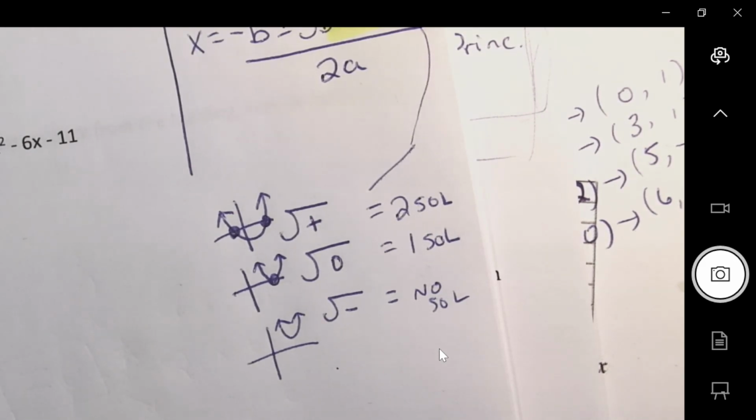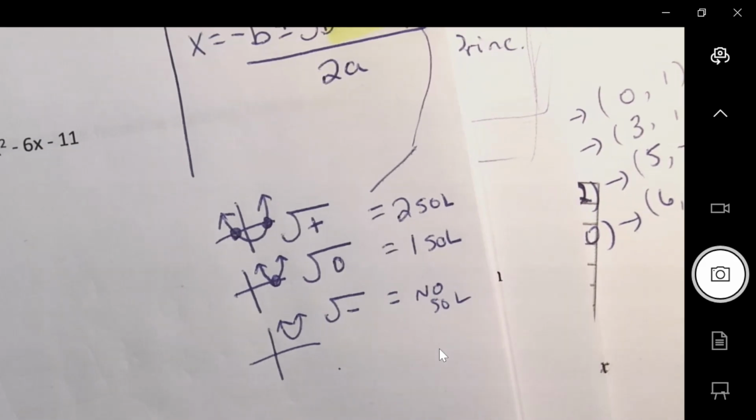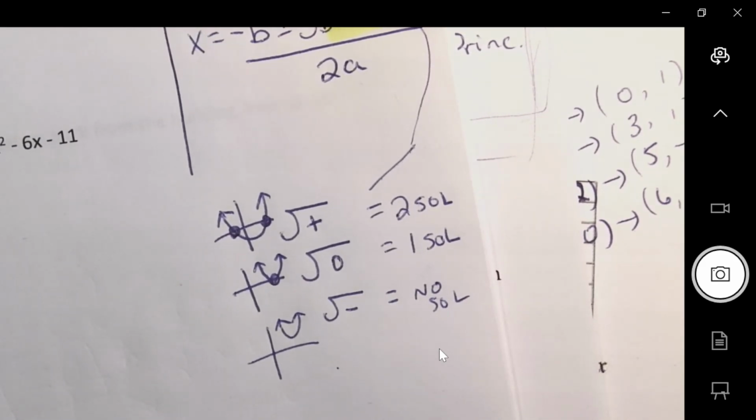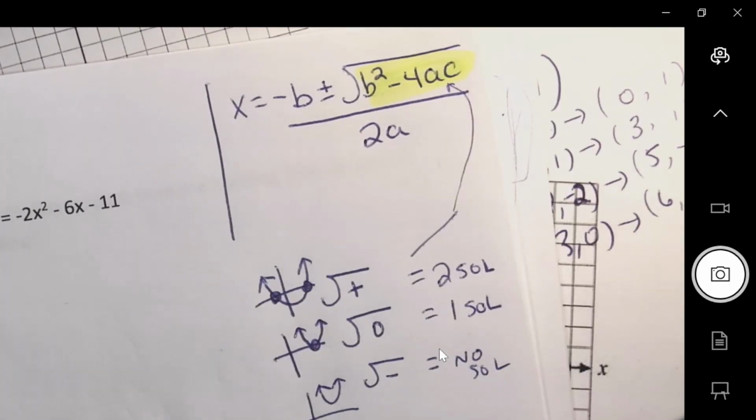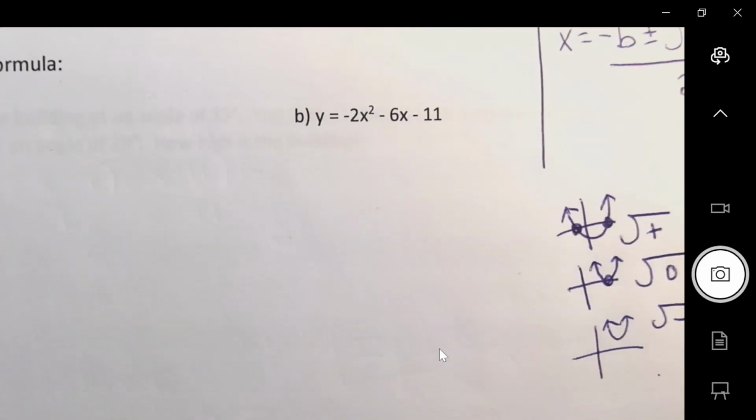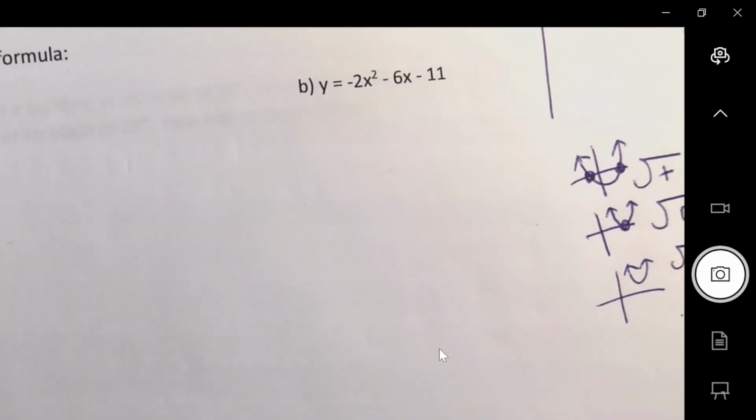It's making y 0. That's what's happening, right? Okay, got that all down? So those are the big ideas with the formula. So use the formula to solve.